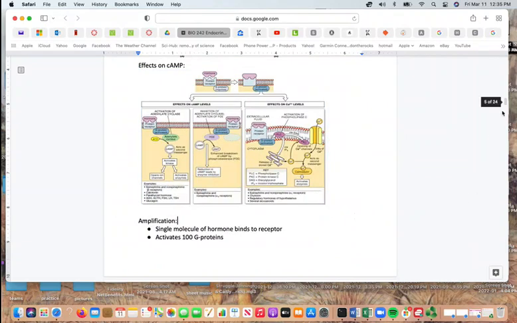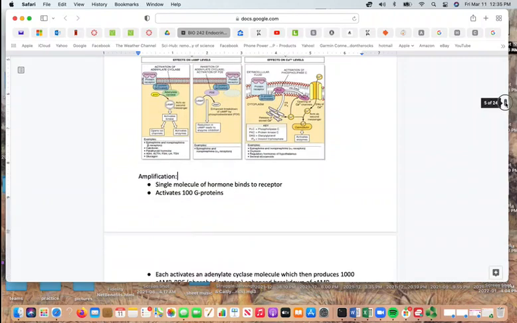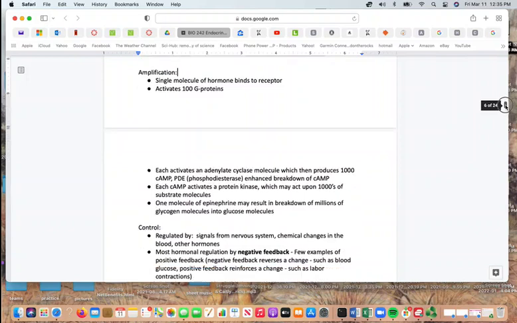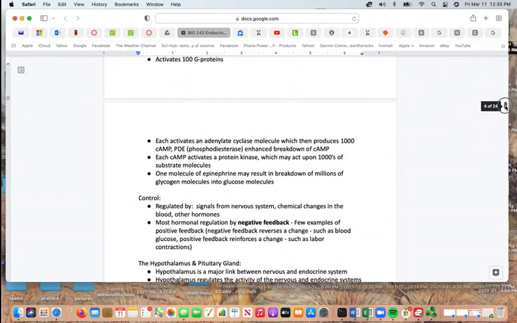So when you have the amplification, what happens is a single molecule of the hormone will bind to the receptor, and then it can activate hundreds of G proteins. Each of those will activate an adenylate cyclase, and that can produce 1,000 cyclic AMP, with the phosphodiesterase enhancing breakdown of the cyclic AMP.